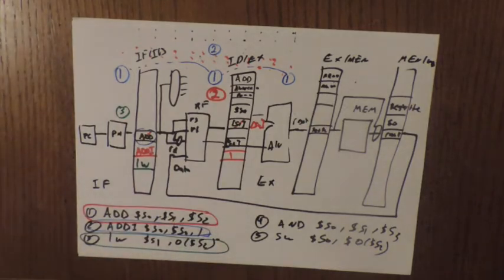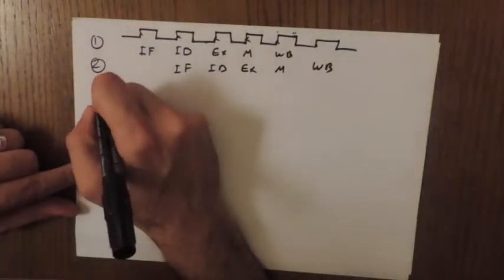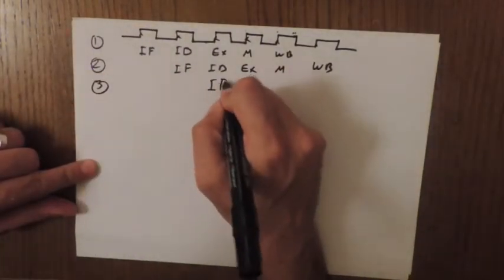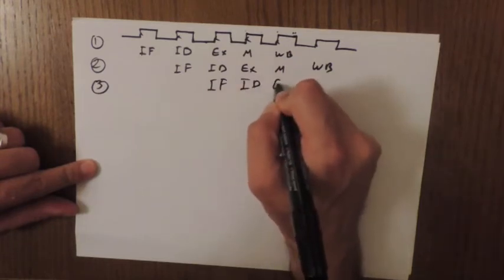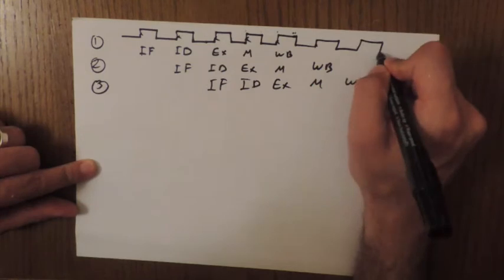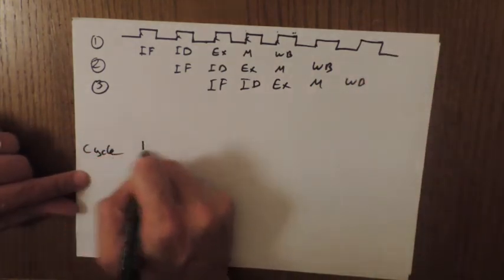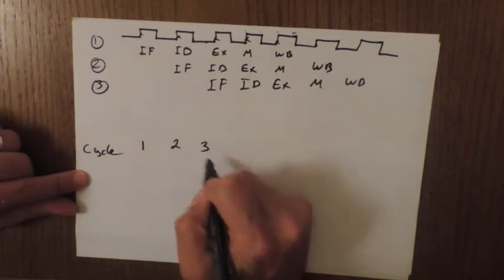If we look at our schedule, of course we're assuming no data dependency. So for instruction 3, we have IF, ID, EX, memory, now the write back. So this is cycle 1, this is cycle 2, and this is cycle 3.